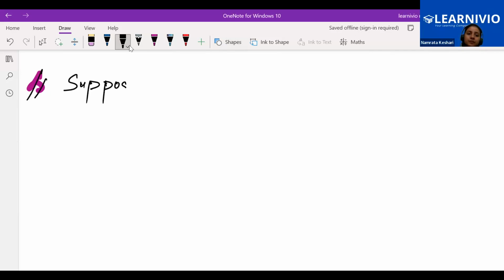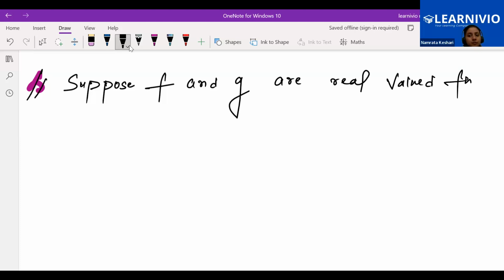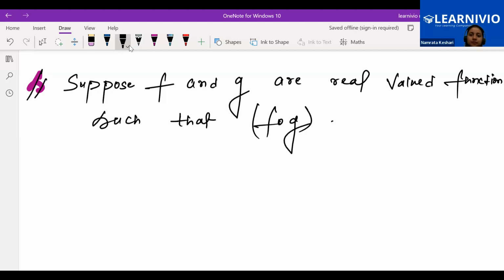Suppose f and g are real valued functions such that f of g is defined at c.